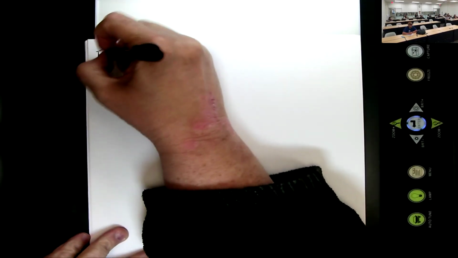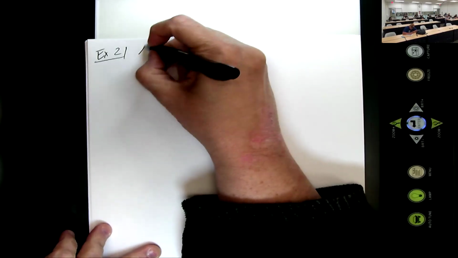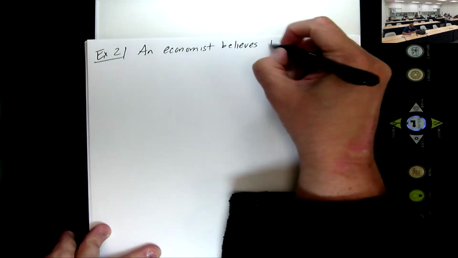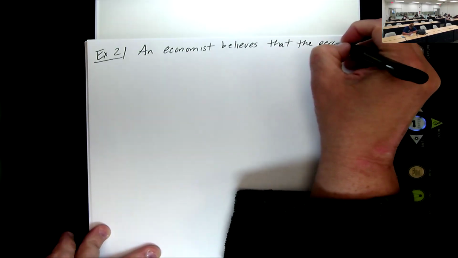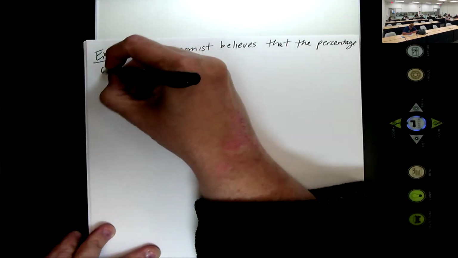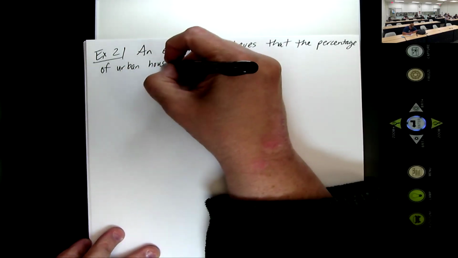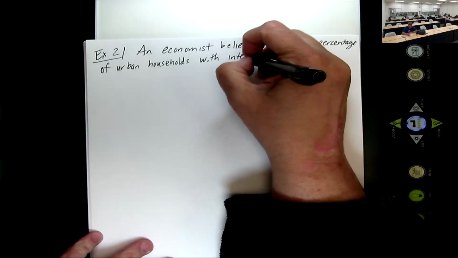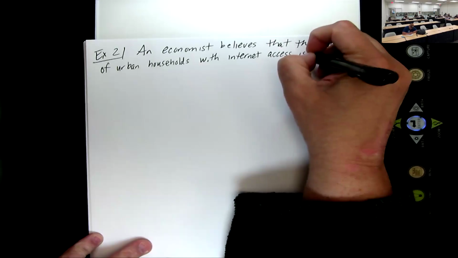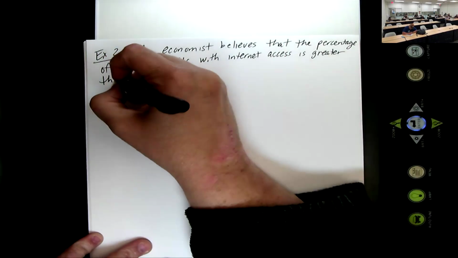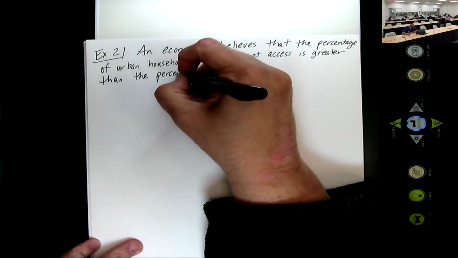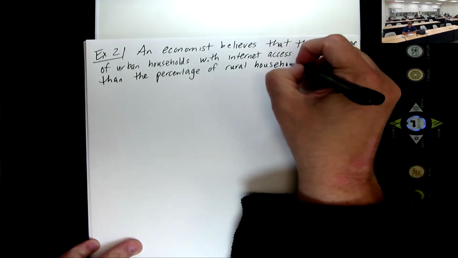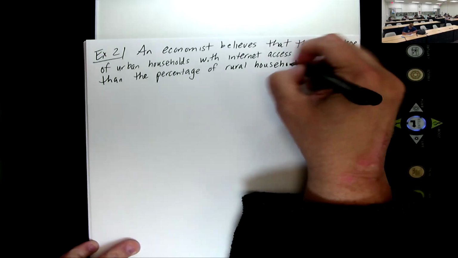So our first example, this is example 2 on the lecture notes. An economist believes that the percentage of urban households with internet access is greater than the percentage of rural households with internet access.